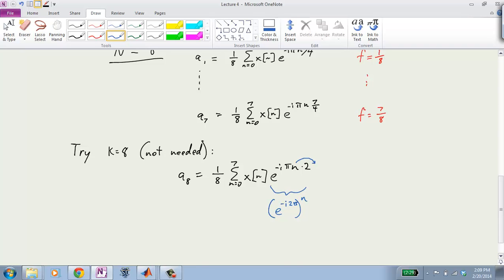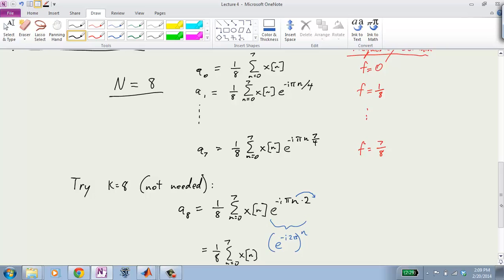It's 1. Right? So this is 1 to the n. It's just 1. So this thing equals just 1/8 sum n equals 0 to 7 x_n. It's just the average. It's just the same as A0.